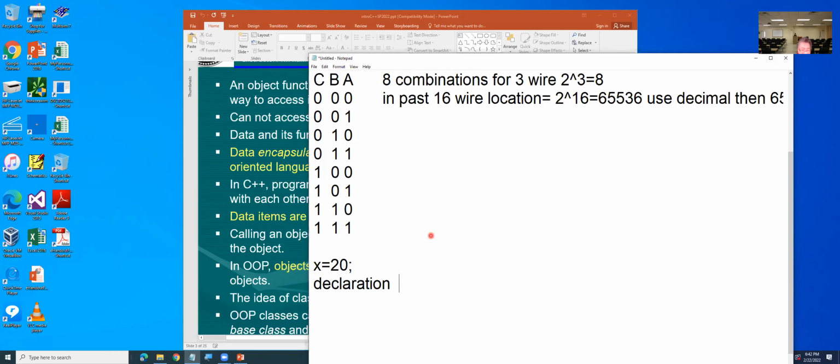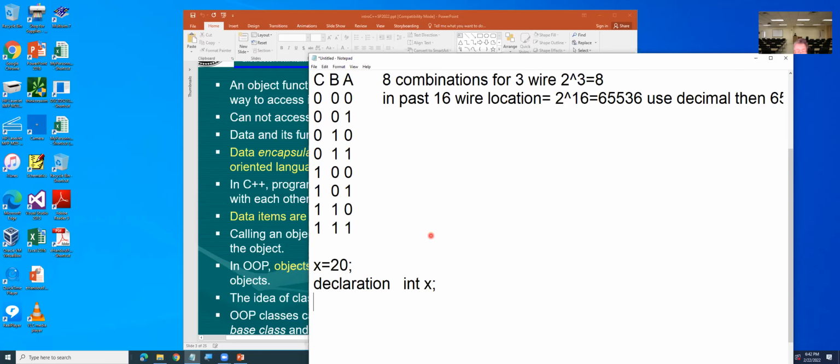That means you have to say int X. Then now they understand. Int means integer. You want to tell the computer, I want location X, and it will contain an integer.